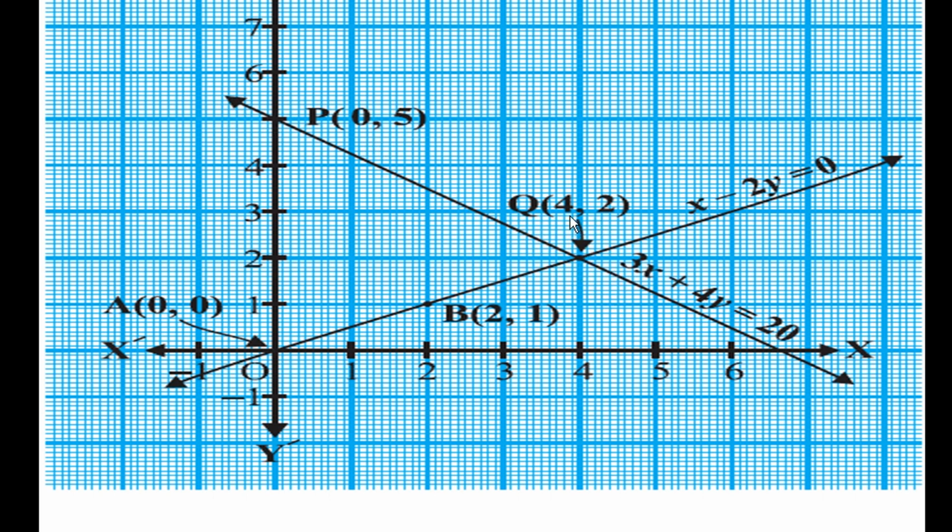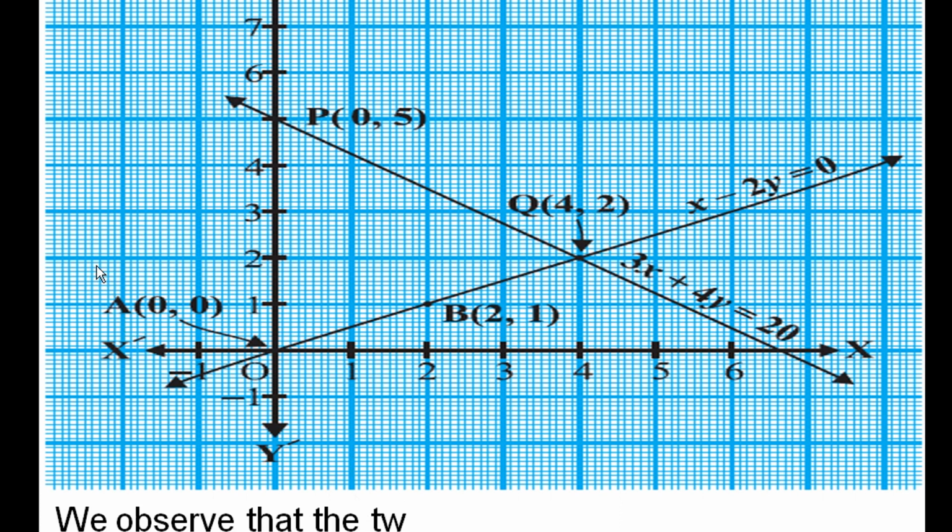Now both lines intersect at the point 4 2. It means x equals 4 and y equals 2 is the solution of these two equations.